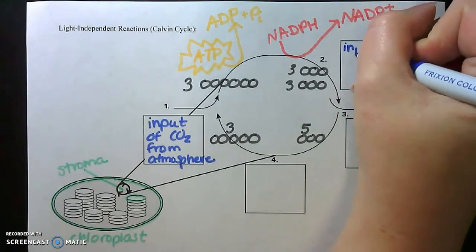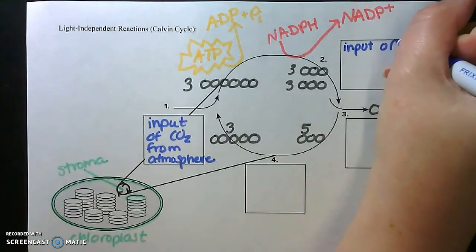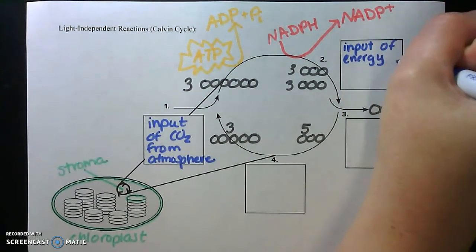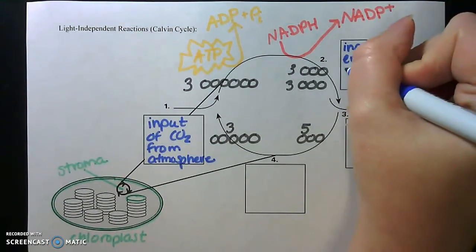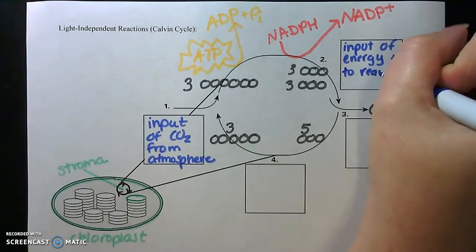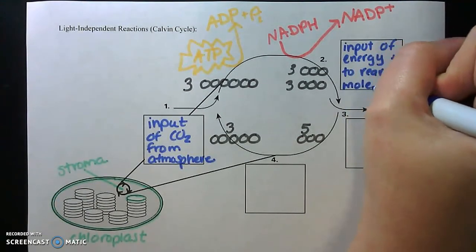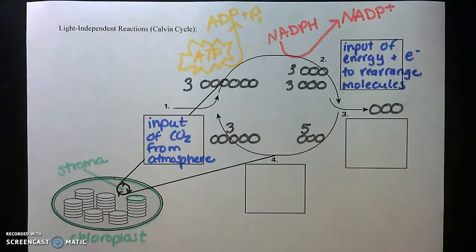So I'm going to summarize this as input of energy and electrons to rearrange molecules. Again, you are never going to have to say on a test how these molecules are rearranged. I just want to make sure that you understand that that's the basis of what's happening, but not get bogged down in the detail.